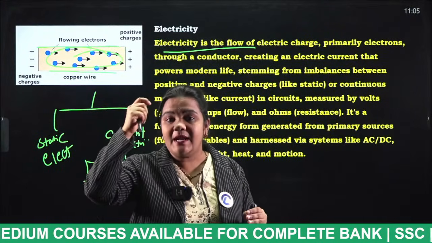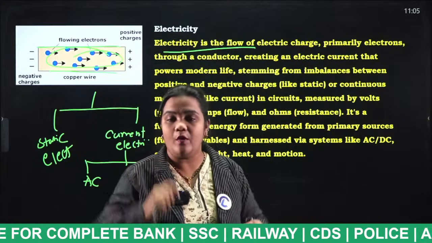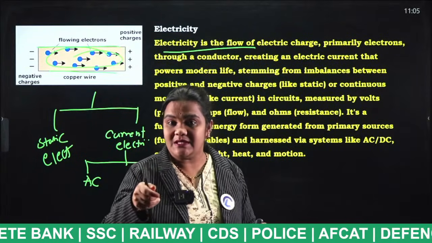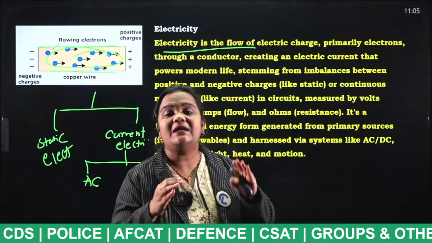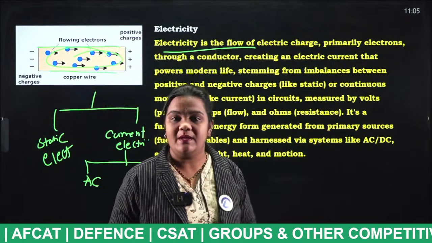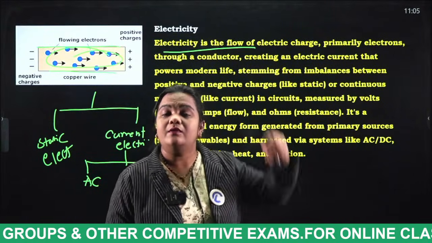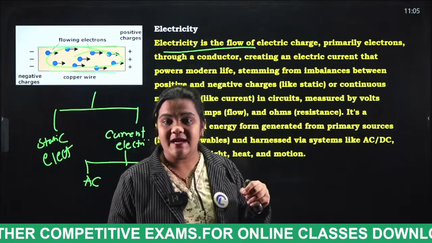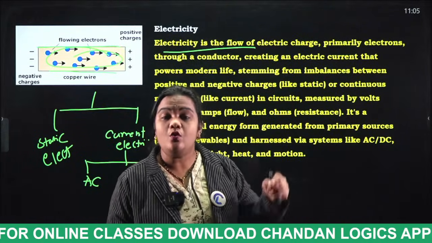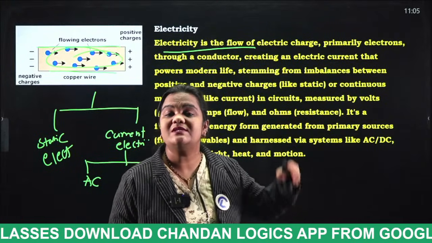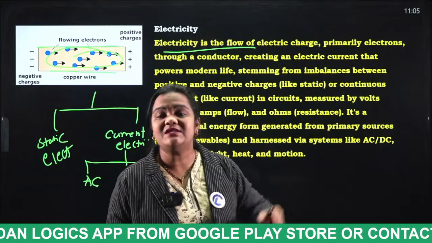There will be friction between our hair and the comb, and when that comb is kept near papers, what happens to the papers? The papers will be attached to the comb. Static electricity is generated between the comb and our heads. Who introduced this static electricity, students? William Gilbert.